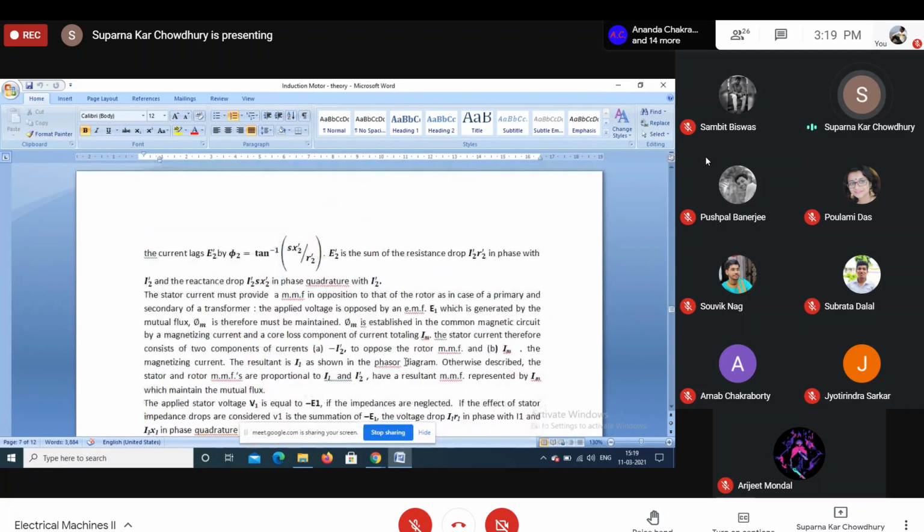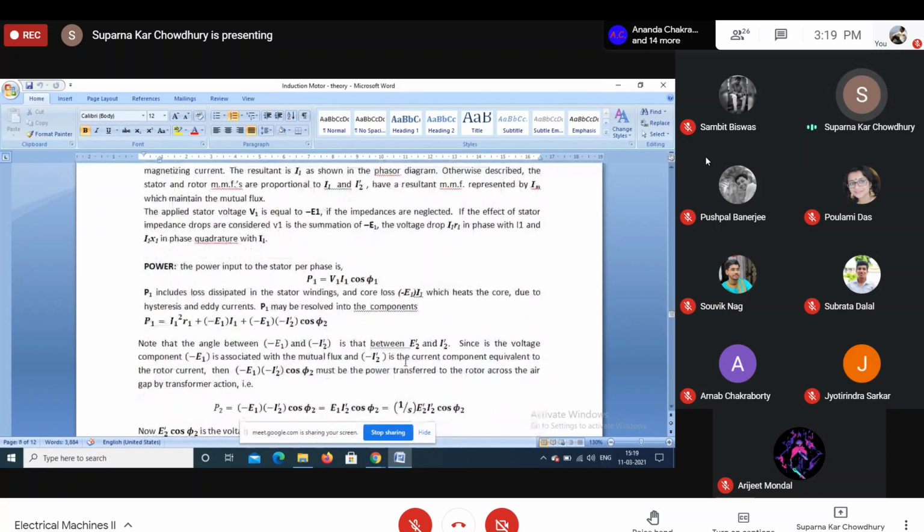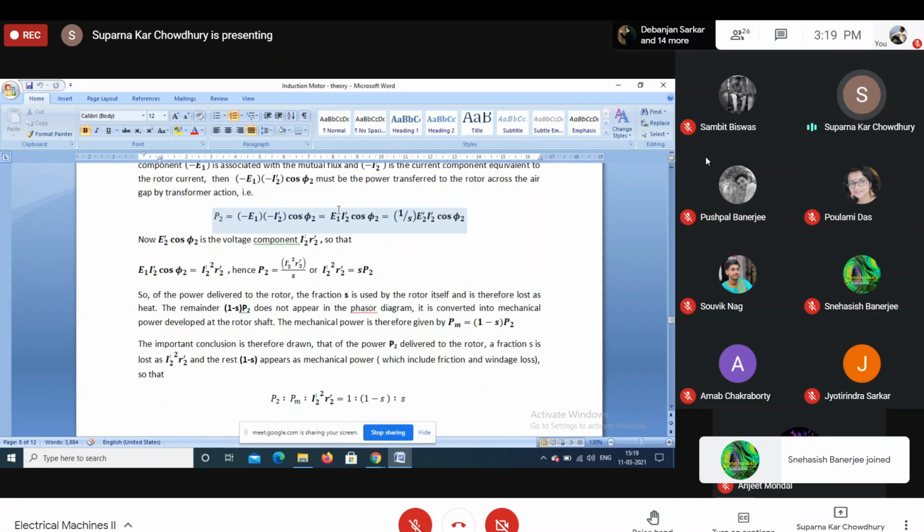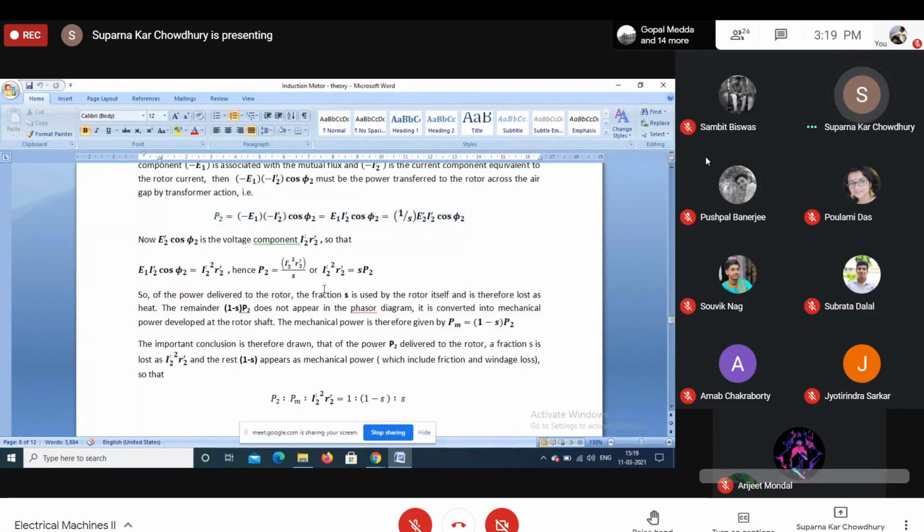And we have seen that it has a relationship with the slip. The secondary power P2 is E1 I2 dash cos phi 2, which is 1 by S, E2 dash I2 dash cos phi 2, because we are replacing E1 by 1 by S, E2 dash.